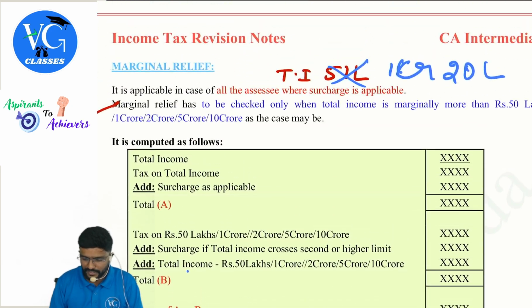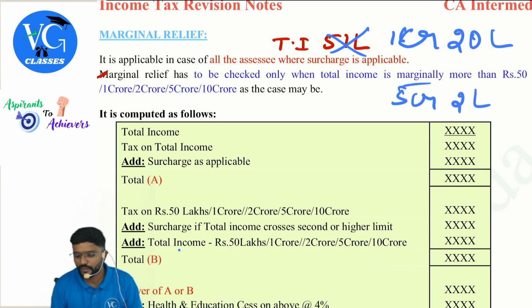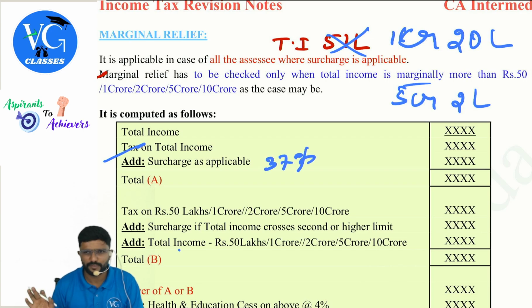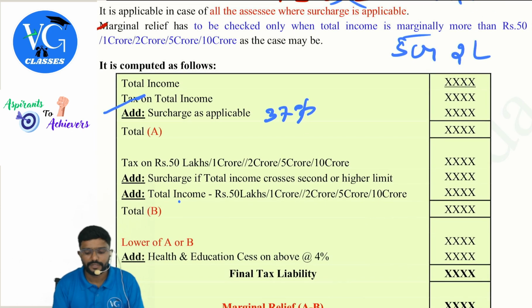Let me give one more example, guys. Now assume I am a resident individual following the default regime. My total income is 5 crore 2 lakh. Tax on 5 crore 2 lakh you calculate. Then surcharge as applicable, how much would it be? 37%. Assuming no special income, nothing. Next, second step. Tax on how much? 5 crore.